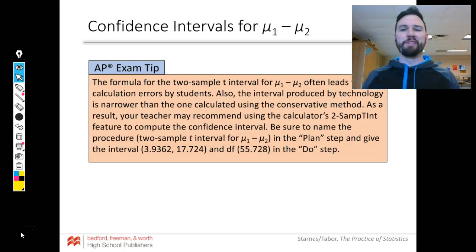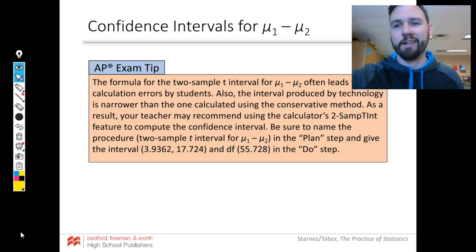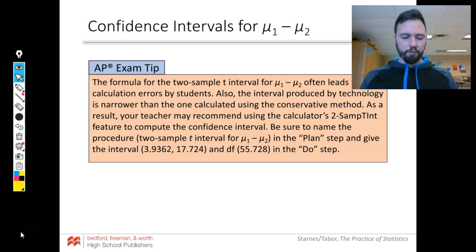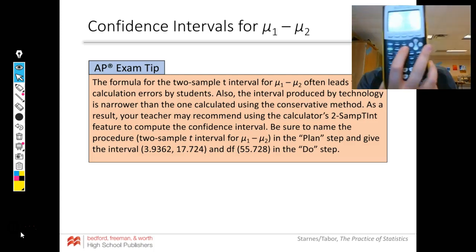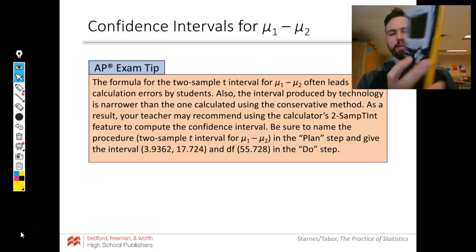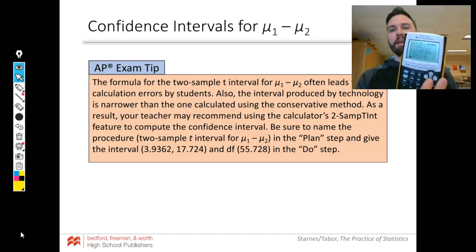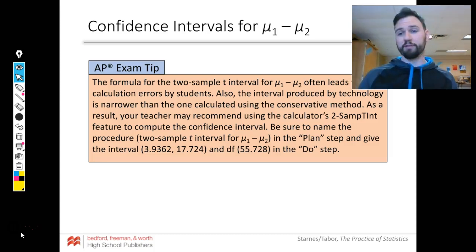There's a lot of chance to make mistakes if you do this longhand. Please use your calculator. And if you're wondering where all this is, you hit the stat button, go over to test, and it has all your 2-sample, 1-sample, interval, and significance test. So that's what we're going to do next.